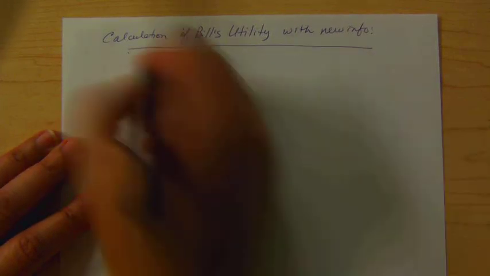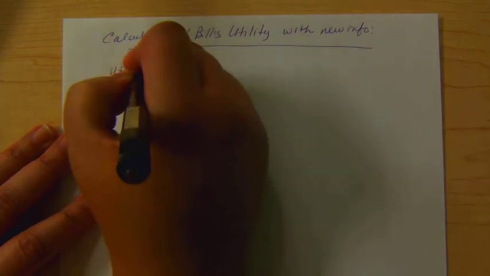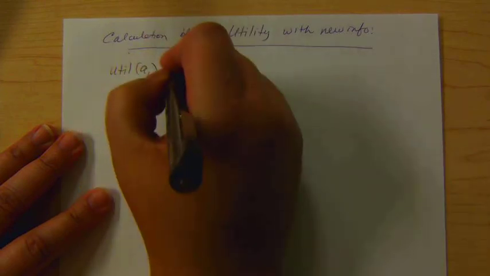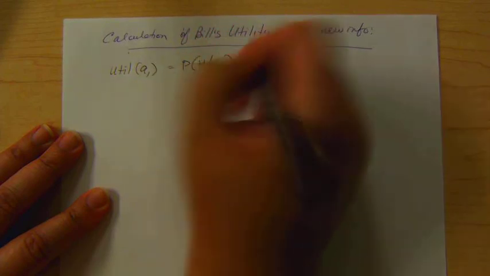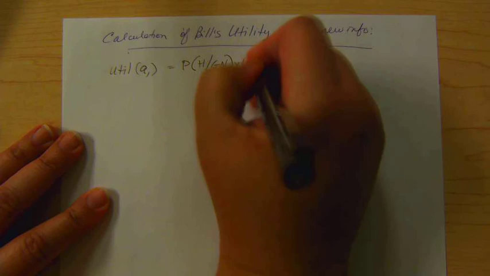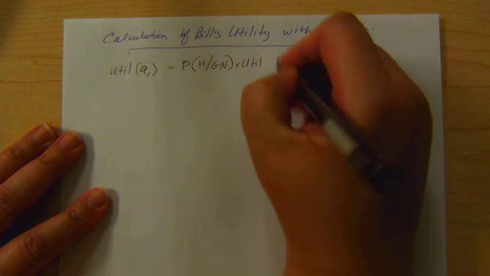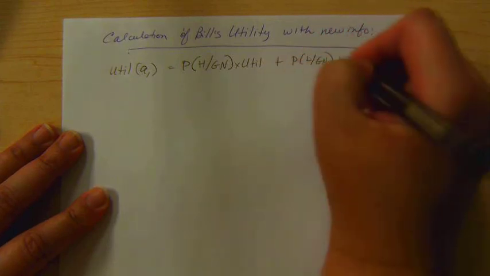Okay, so basically his utility for the stocks is going to be the probability of high given good news has happened times the utility, which we said was the square root of the payoff. That hasn't changed from our little table, plus the probability of low given good news times the utility.